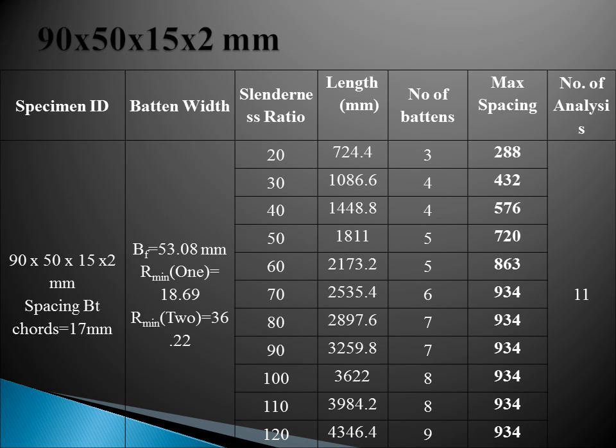R minimum and spacing of the chords are derived using the custom software. Length was derived by using the slenderness ratio from the formula lambda equals L effective by r minimum, and the number of battens was derived by using the maximum spacing.